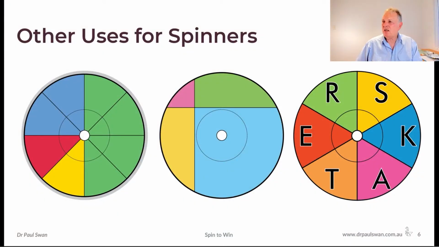Once again, with more spins we'd find out all sorts of things. As an example, I didn't use the same colours that are up on the screen, but you can see there's a spinner there, and half of it happens to be green. If I used that spinner and did some spins, you'd expect over the long run, let's say 100, 1,000, a million spins, about half of them to be green.